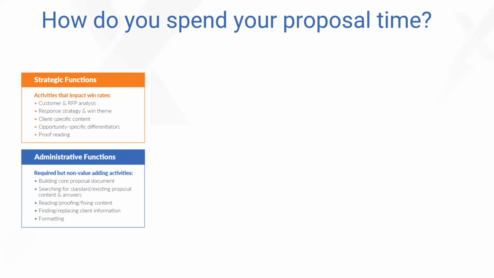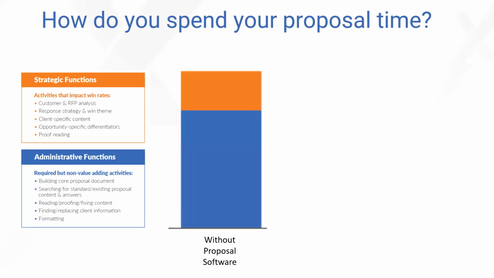Those strategic functions, however, where we're interpreting what the customer is asking for, what they need, and we're building our win themes and our response strategies, and we're then writing customer-specific content, going through some deep review cycles. These are strategic activities that can truly differentiate our services or our products to help us win the business and win more of these RFPs.